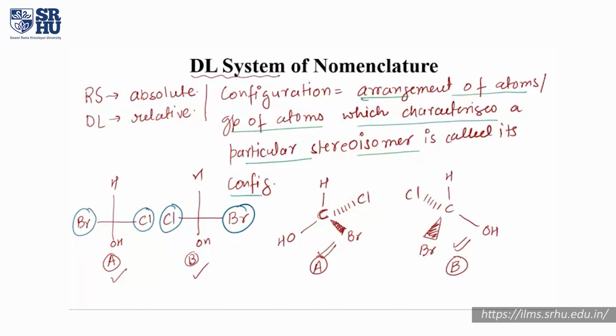That is why we first need to learn what configuration is. Configuration is the arrangement of atoms or group of atoms which characterizes a particular stereoisomer. And now you know that the positions of chlorine and bromine on these two define or characterize a particular stereoisomer.